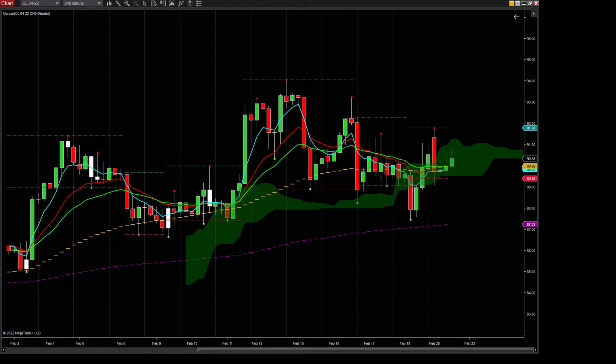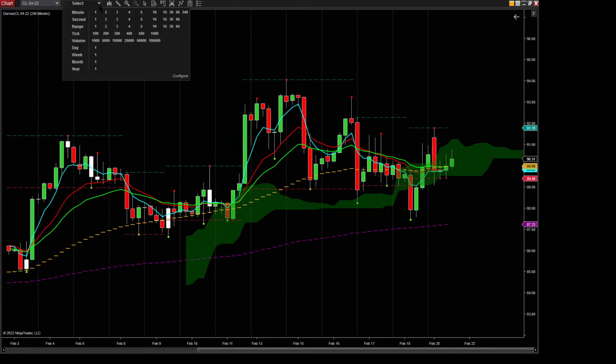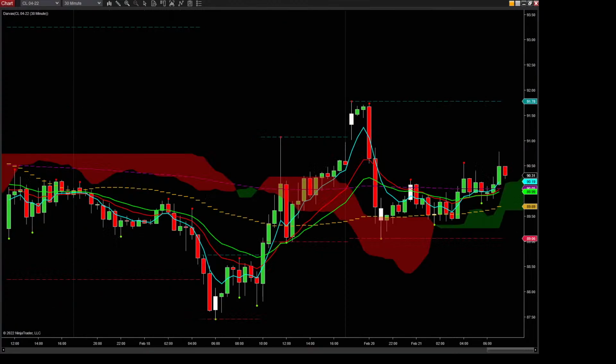So it's moving in this range, crude, and then tried to break right here with this doji. It's in the cloud, so in the 240s it's neutral. There's some consolidation or compression in this area here, so we are not moving in either direction. So that's 240, and then the 30 minutes.